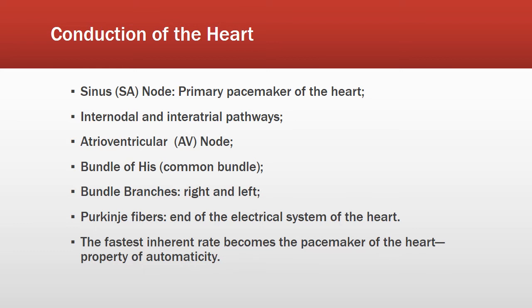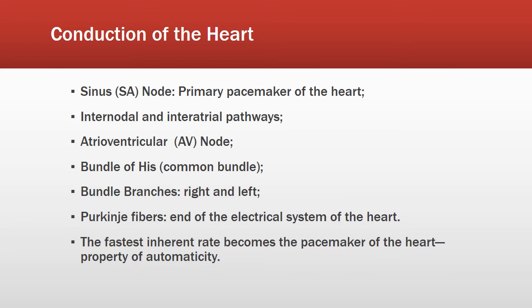Inherent rate of the AV node is 40 to 60 beats per minute. So if the SA node would fail, the AV node would take over. It is our second pacemaker of the heart. But because the influence is still coming from above the ventricles, your QRS is going to be narrow, less than 0.12 seconds, as it would if the stimulation came from the SA node.